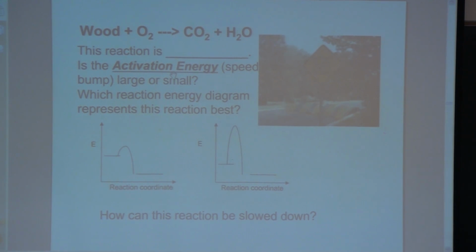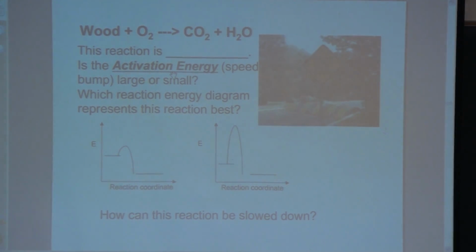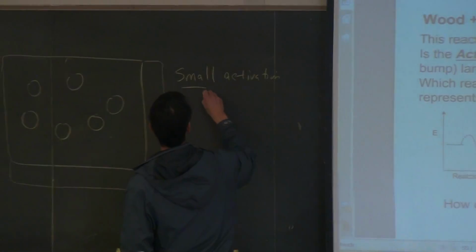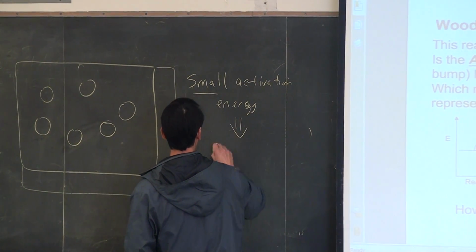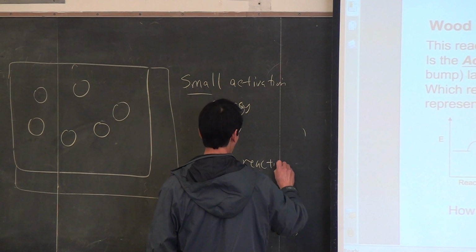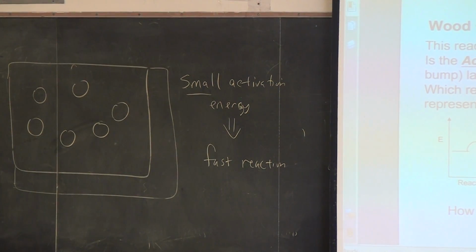So for activation energy, if you have a small activation energy, this tells you you have a fast reaction. If you have a large activation energy, it's going to be a slow reaction.